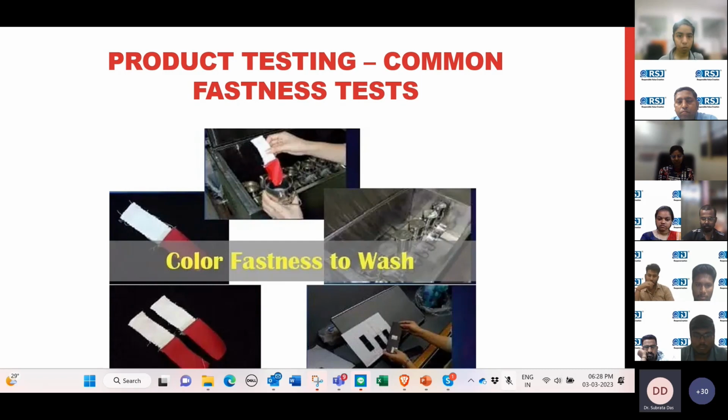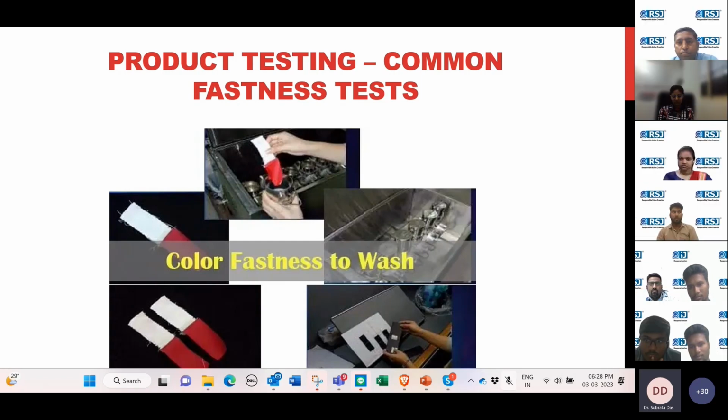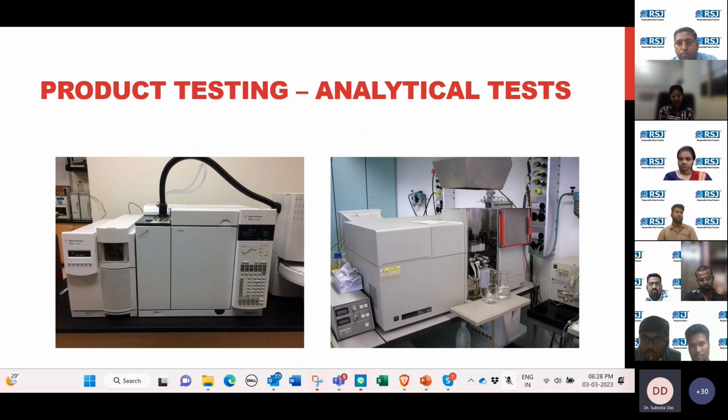Because it is an indirect indication: when a particular dye bleeds, either through crocking or rubbing or through washing, if it comes out easily, that means the dye is not fixed properly into the product, and there is every chance that the dye can come under the banned amine category. Sometimes it gives an indirect indication that aromatic amine containing dyestuffs are not fixed properly and are there on the surface of the product.